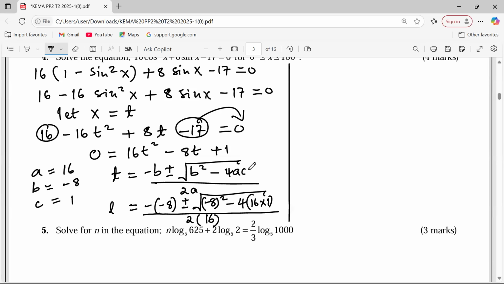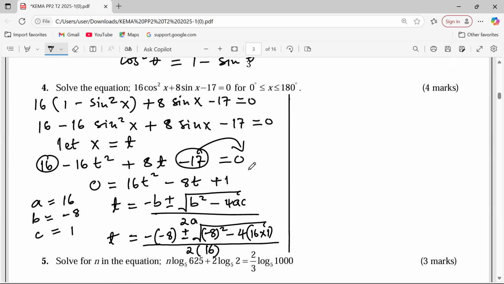So this will give us the value of T. Let me do another step here. Remember, 8 becomes positive now. Then we add or subtract the square root of 64 minus 4 into 16.